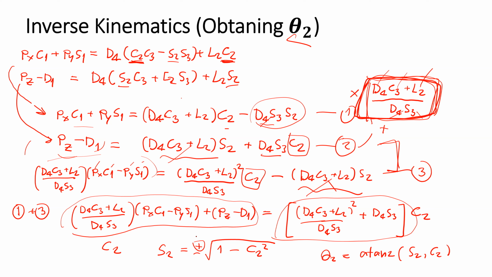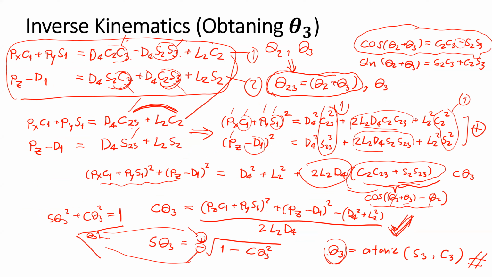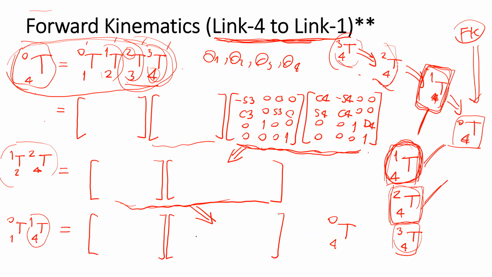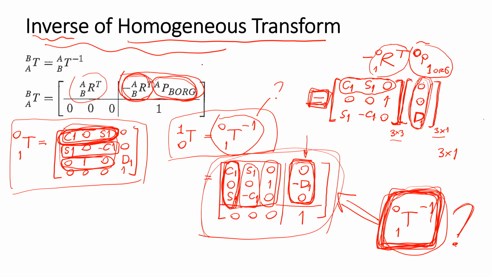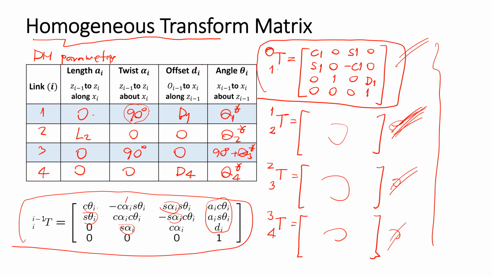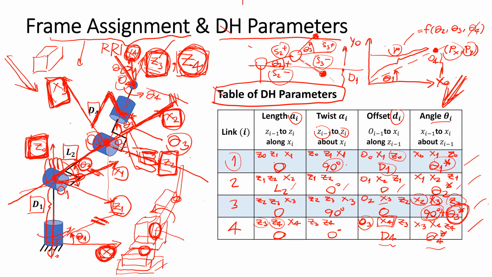And yeah, please spend your time to recheck the concept, how to obtain the inverse kinematic. You see that actually we need to find theta 1, theta 2, theta 3, and theta 4, but I'm not talking about theta 4 because it does not affect the endpoint position.